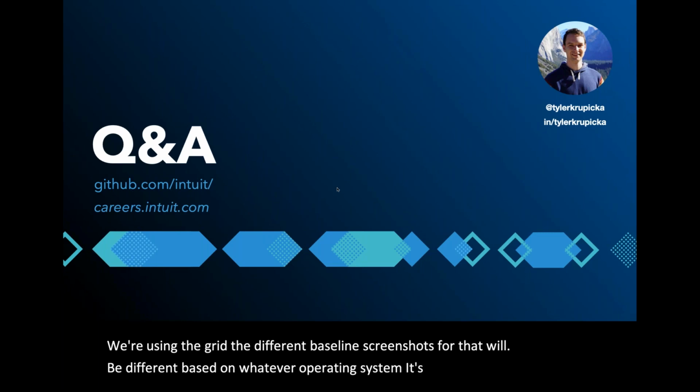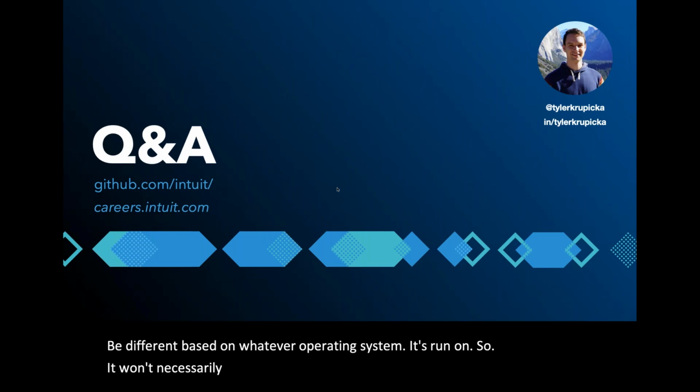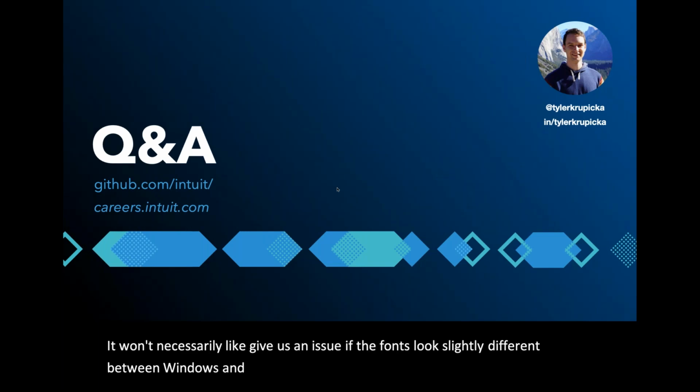So it won't necessarily give us an issue if the fonts look slightly different between Windows and Linux, but it will give us an issue if the font looked different yesterday on Linux than it does today.